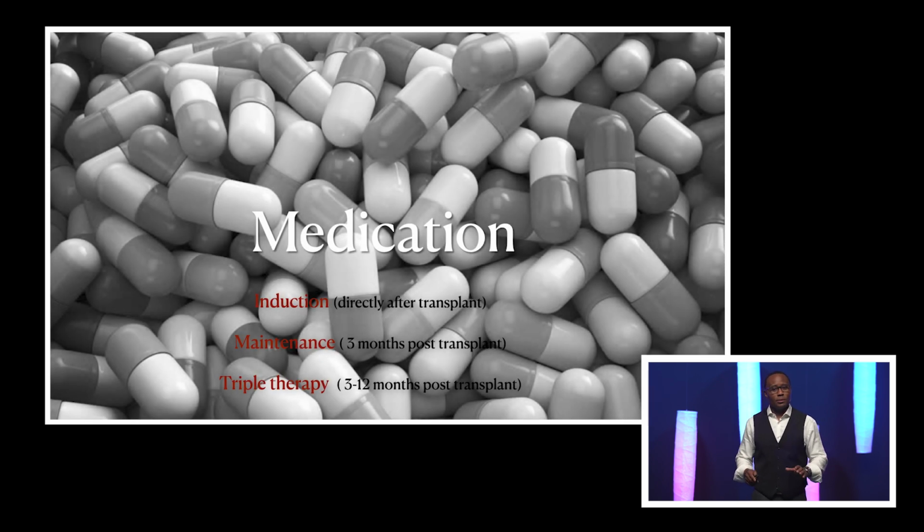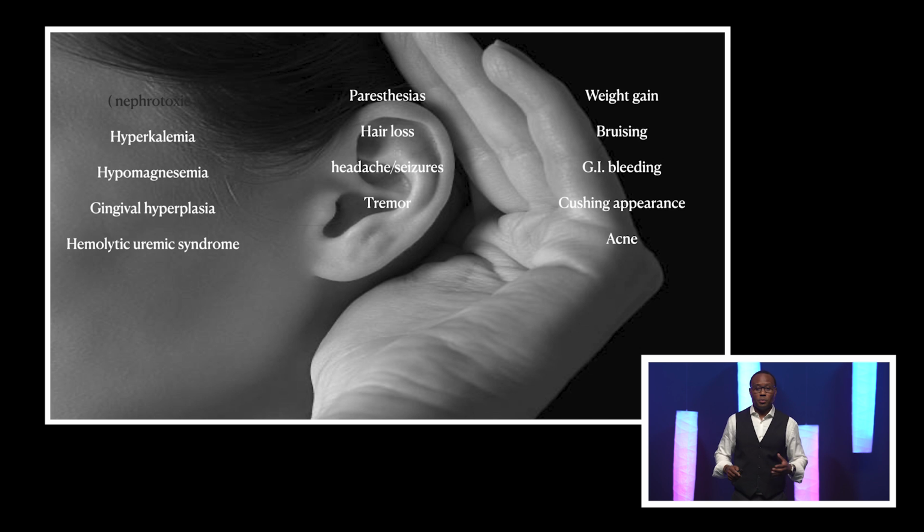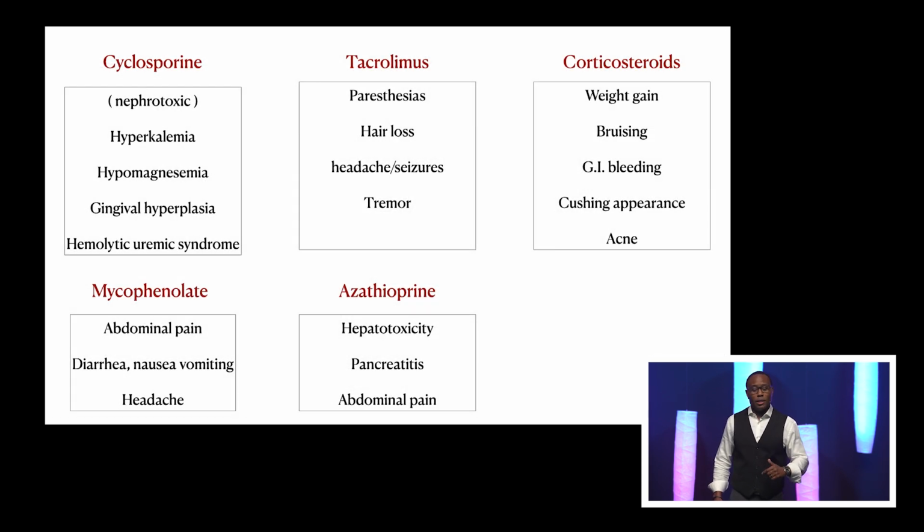So let's talk medication. There's a lot of medication that these patients are taking, and they'll present to the emergency room with many concerns, such as paresthesias, bruising, weight gain, or gingival hyperplasia. These are not merely concerns that are off the handle, and you have to listen to your patients, because what they're really saying is, "Hey, it's the medication I'm on that is having an effect."